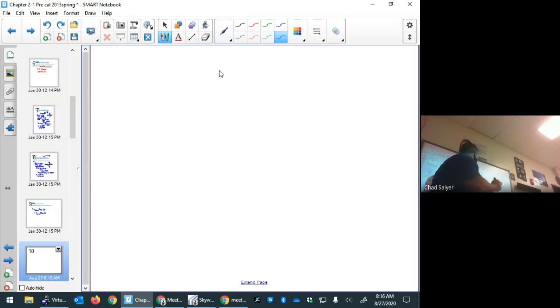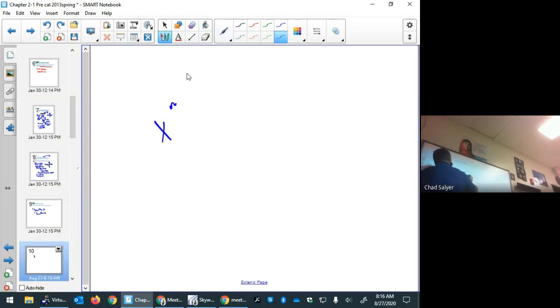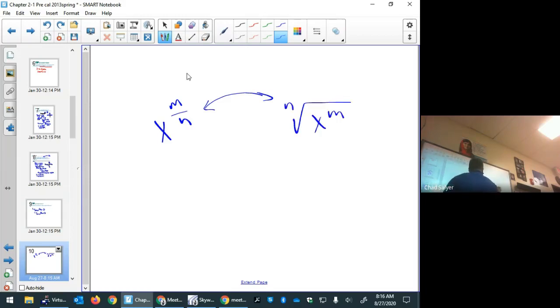Indeed, so we're comparing things by division. Rational exponents look like this. X to the m over n. So some fractional exponent that is compared by division or rational. So I could rewrite this in either direction as the nth root of x to the m power.